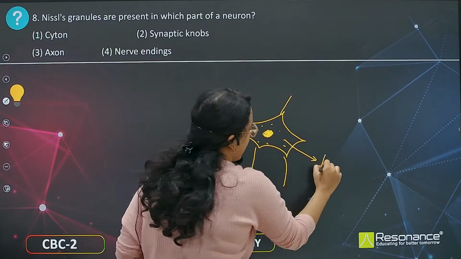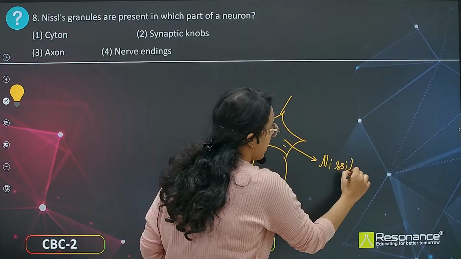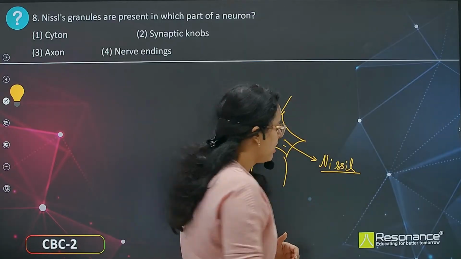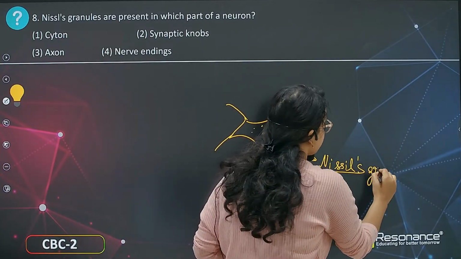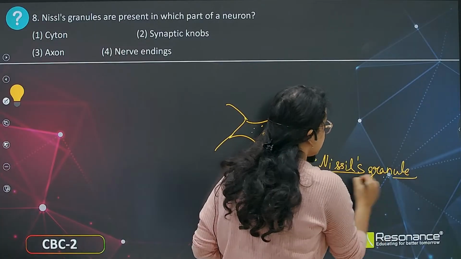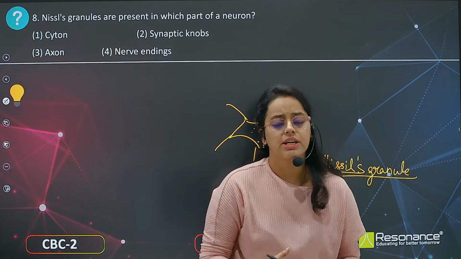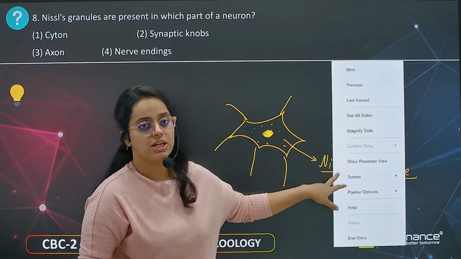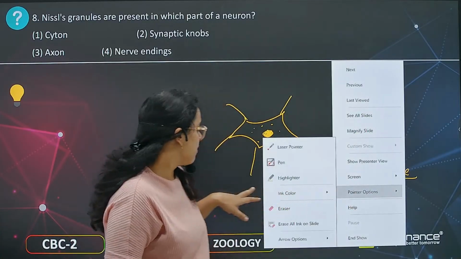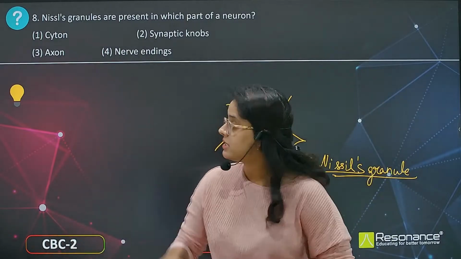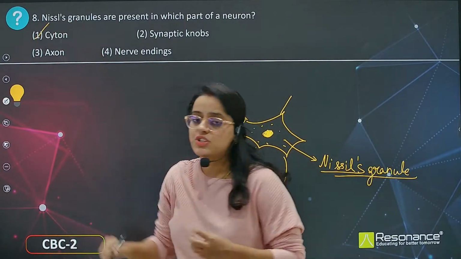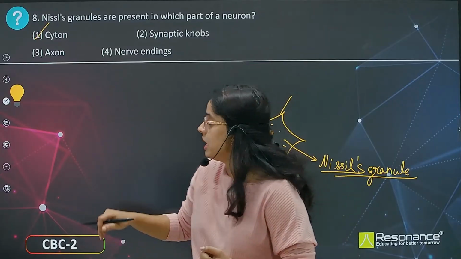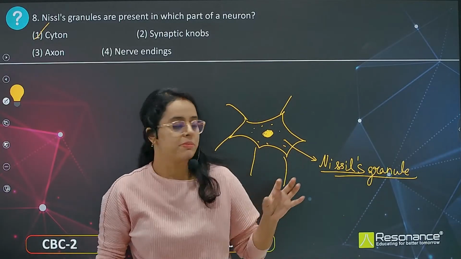These Nissl granules are proteinaceous in nature and they are important for ATP formation. Why is ATP required? Because these cells also require energy to perform their functions. So these are the granules responsible, present in the cyton, which means the cell body or cytoplasm. They are absent in the axon; they are only present in the cytoplasm.